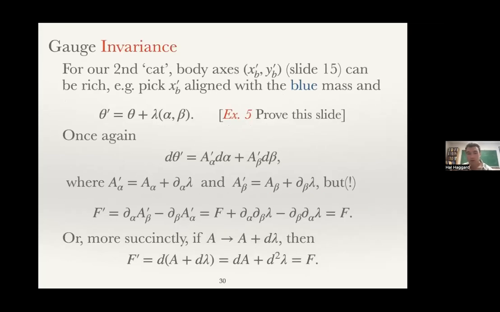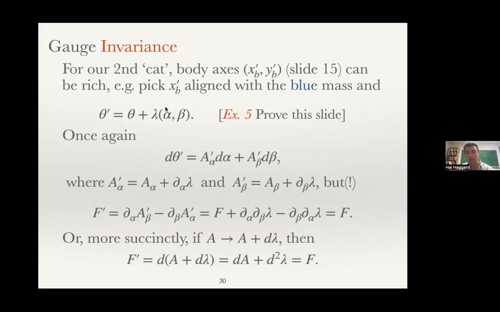All right, just a comment about gauge theory. For our second more complicated cat, we have even more choices of body axes. I showed you the red body axes and the green body axes, but now we could also choose blue body axes, axes that are lined up with where the blue mass is pointing. And if you do this, and I'm leaving it for you to do as an exercise because it's a nice one, the relationship between the blue orientation coordinate and the original red orientation coordinate is now actually a function of both the shape parameters.